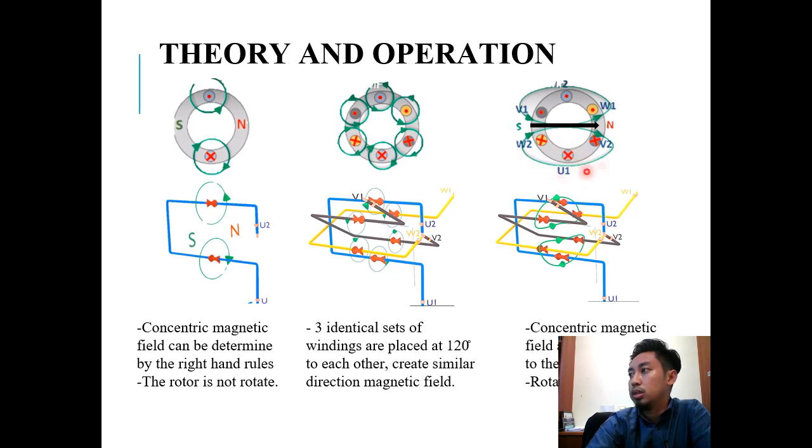Overall, the field produced for the cross, from outside to inside, goes clockwise, and from inside to outside, counterclockwise. This is how the rotating field occurs.